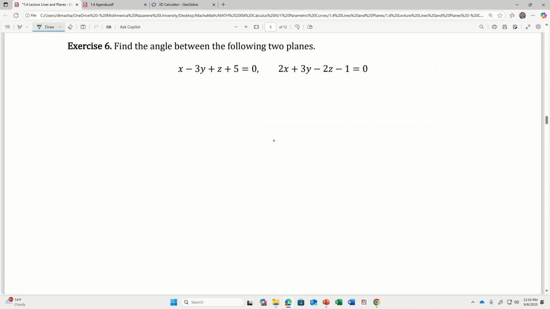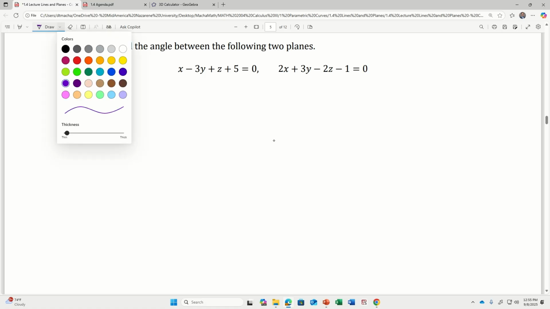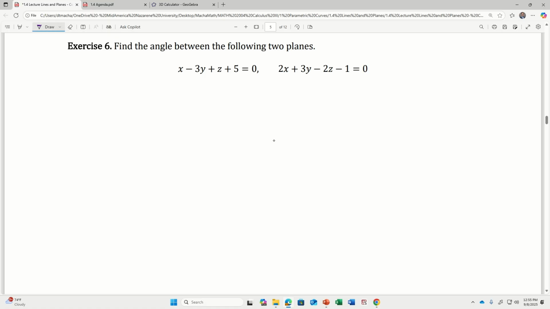Find the angle between the following two planes. So if I have an exercise like this one, let's call this one P1, call this one P2. Let's make n1 be the normal vector to plane 1.